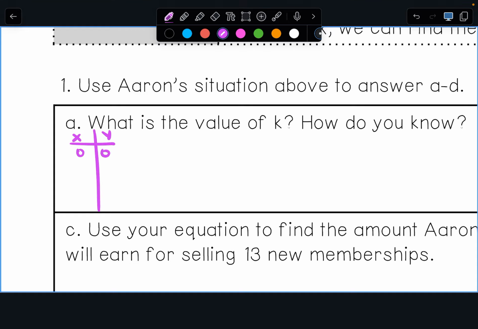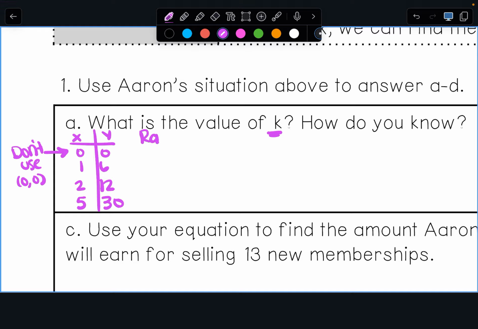We have points 0, 0, 1, 6, 2, 12, and 5, 30. Okay, the only thing when you're trying to find the value of k, you don't use 0, 0. Don't use 0, 0, okay?